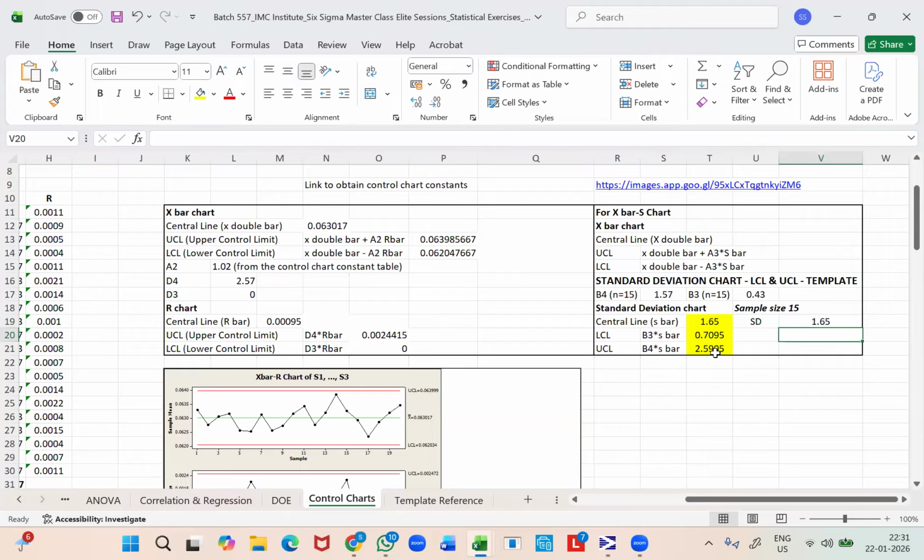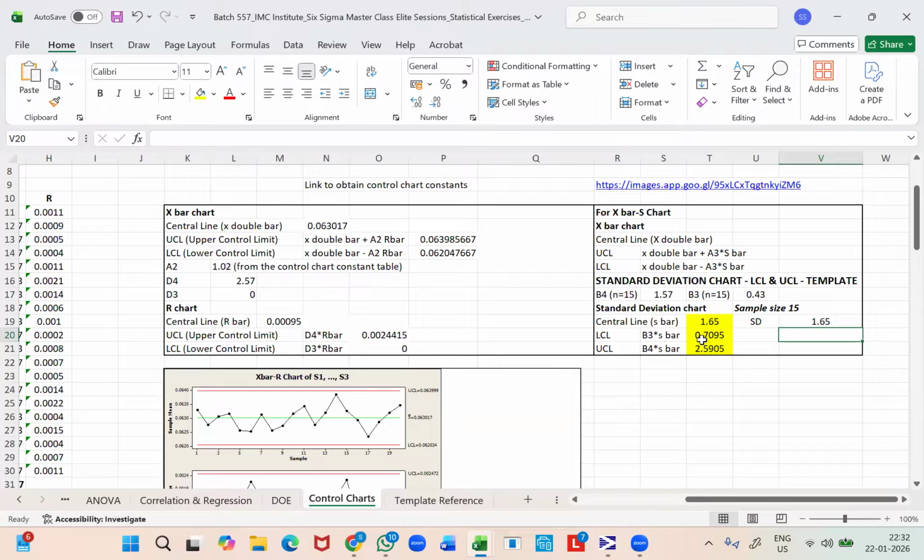These values can be chosen as the right option from the multiple choice. I will leave it as it is. It will be the same question, wherein the sample size will be 15 and the standard deviation bar, which is the central line in the standard deviation chart, will be 1.65, right?